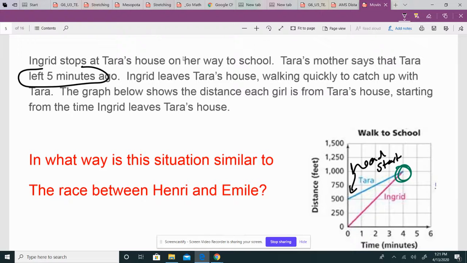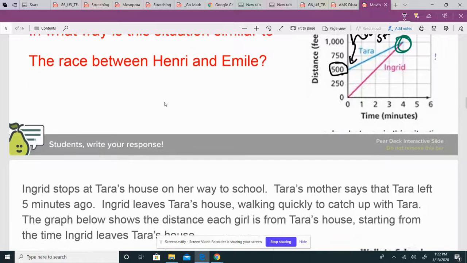And so in any case, the head start is given as time rather than distance in this case. Although we know the time was 0 but the distance was 500, so even though she did get a 5-minute head start, it's not showing it as time, a 5-minute head start. It's not showing us starting here. The graph still has X at 0, but the distance happens to be 500. That's how that's similar to Henri and Emile's situation.